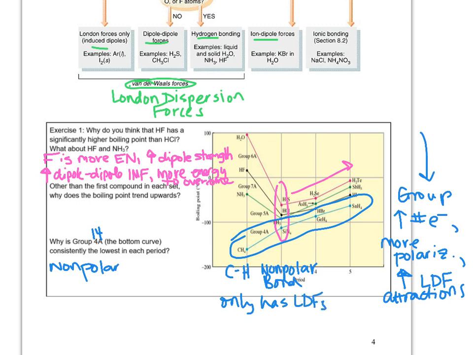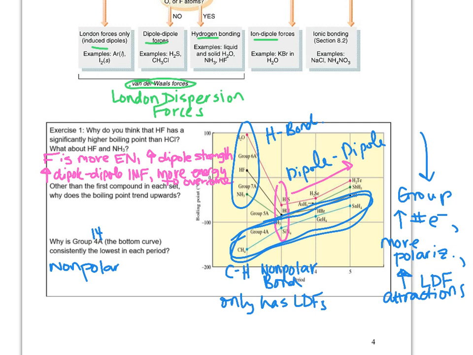Whereas all the others are going to have hydrogen bonding here. And then as you shift, right, we end up with dipole-dipole. So everything else has stronger IMFs, either hydrogen bonding or dipole-dipole. These all right here are going to be only London dispersion forces because they're tetrahedral.